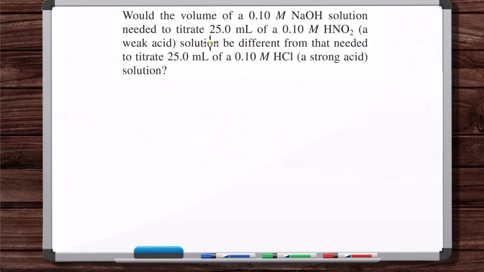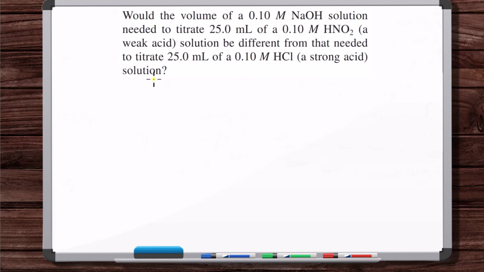For the first titration, they're saying that 25 milliliters of a 0.1 molarity nitrous acid solution was needed to get to the equivalence point. For the second titration, they're saying that also 25 milliliters of a 0.1 molarity, but in this case a hydrochloric acid solution, was needed to get to the equivalence point.